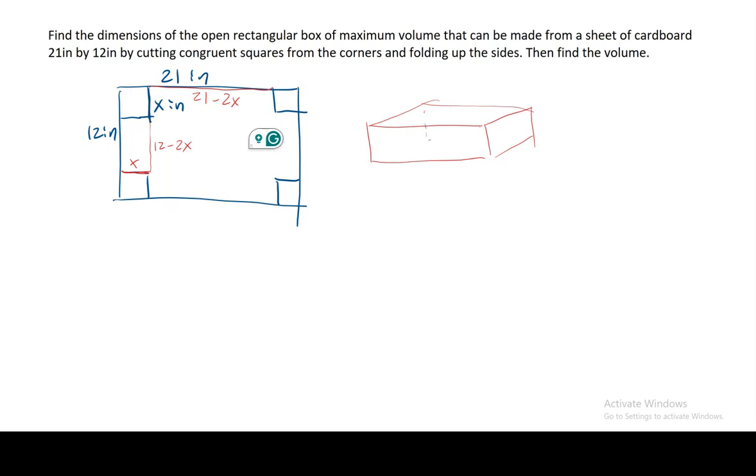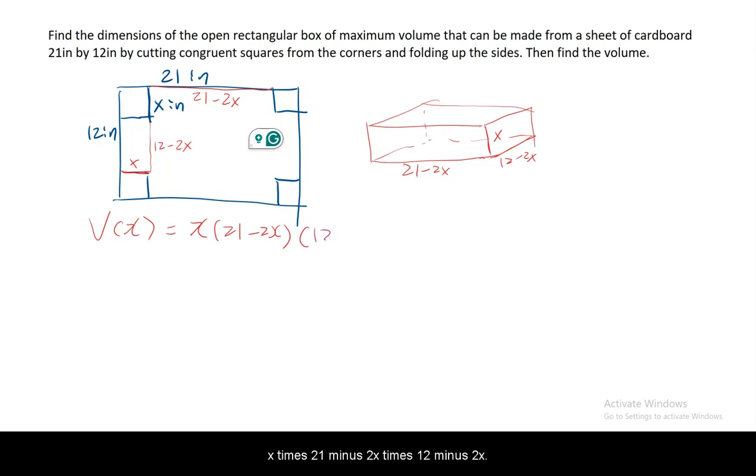This side, let's say it's 21 minus 2x, and the other side will be 12 minus 2x, and the height will be x. All right. In this case, the volume of this box will be x times 21 minus 2x times 12 minus 2x.